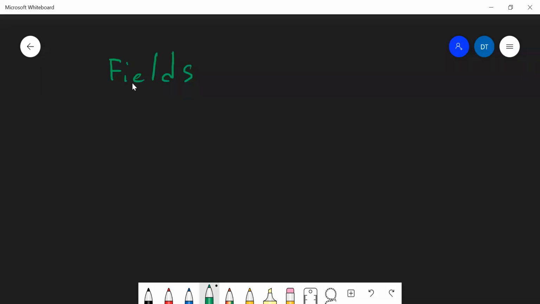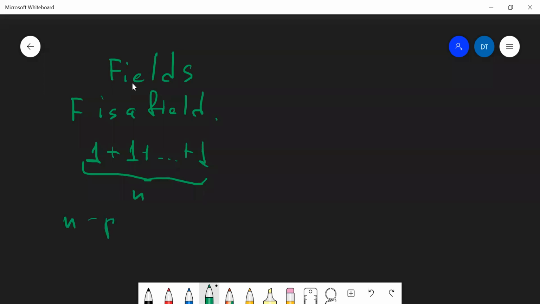Suppose F is a field. Then it contains the identity element, the neutral element with respect to multiplication. It's called 1. We can start adding this element, like 1 plus 1 plus and so on, plus 1, n times, where n is a positive integer.